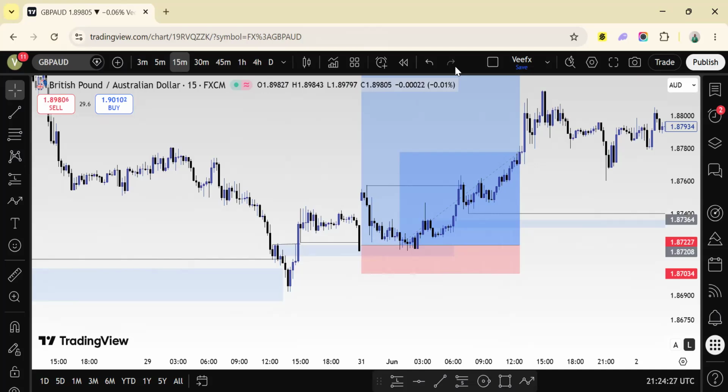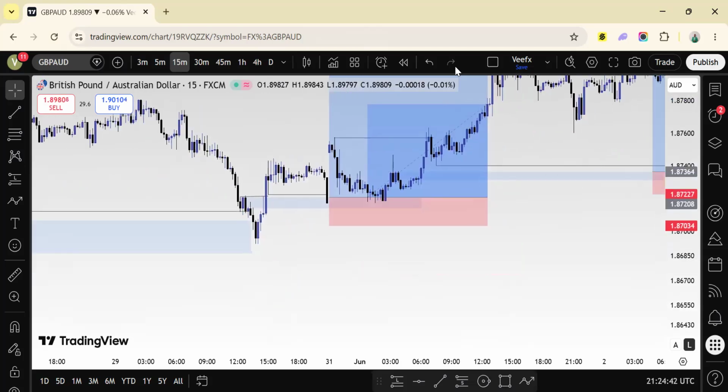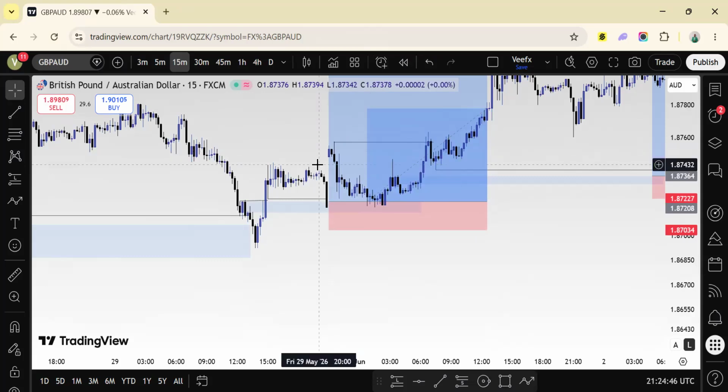After that has occurred, the next thing you should look out for is what? A pullback, which is called your inducement liquidity. And I said, for your inducement liquidity to be valid, for you to mark a particular inducement liquidity, it must go back and close above or below the candle that caused that.